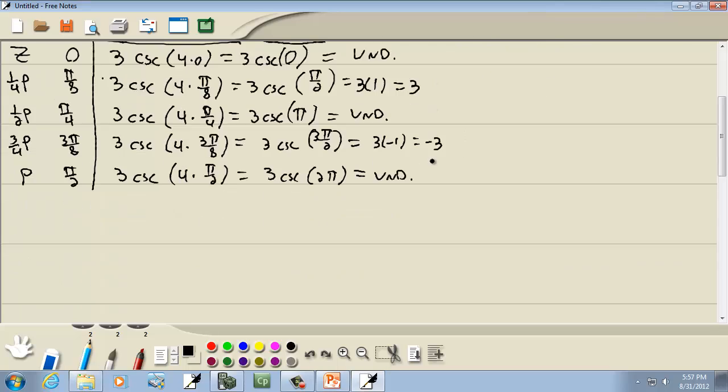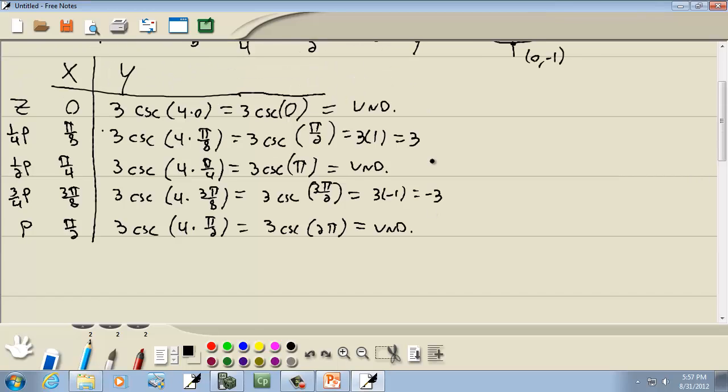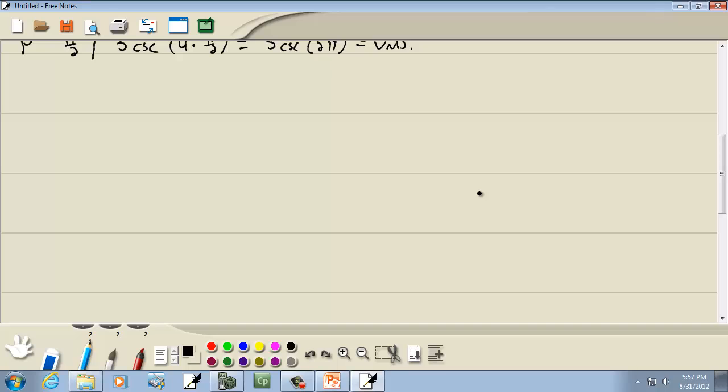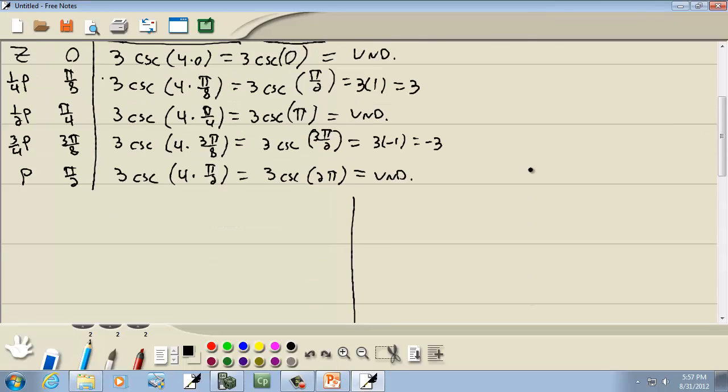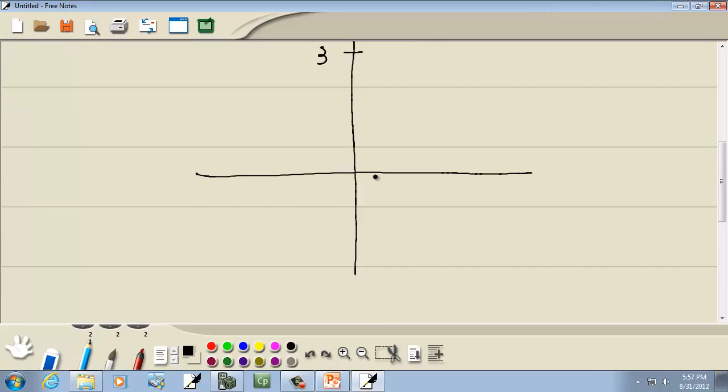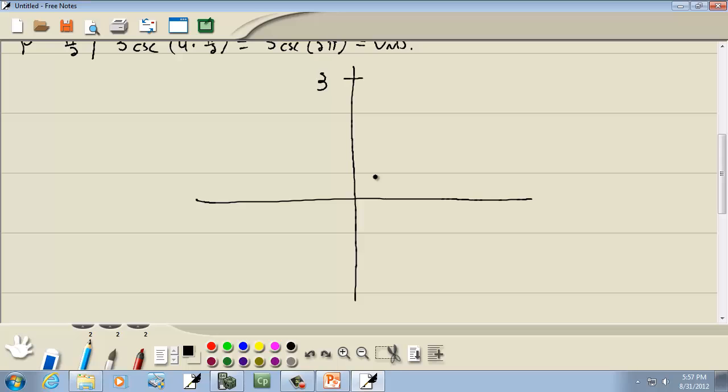Okay, let's plot our points. So I'll go from 3 to negative 3. So 3 there. And I'll throw negative 3 here.